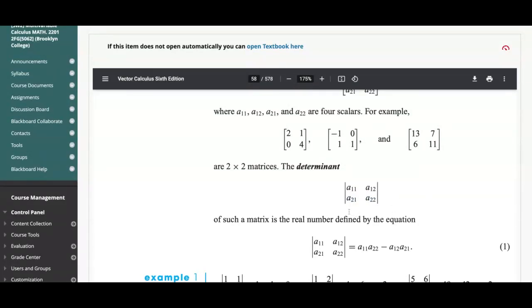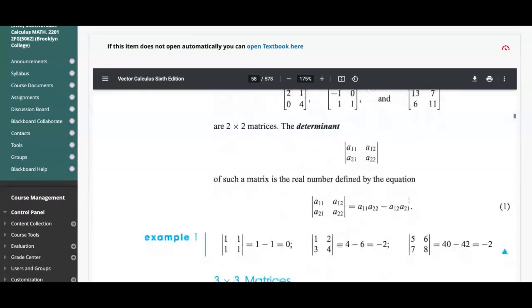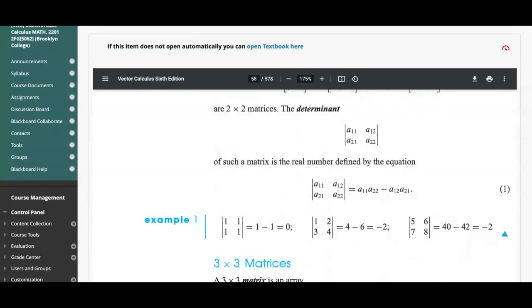The third one will be A31, A32, A33, and so on. Okay, so determinant is defined on a 2 by 2 matrix. That's the definition, which is A11 multiplied by A22. We multiply diagonally. We multiply A11 with A22, and subtract A12 times A21. Right.